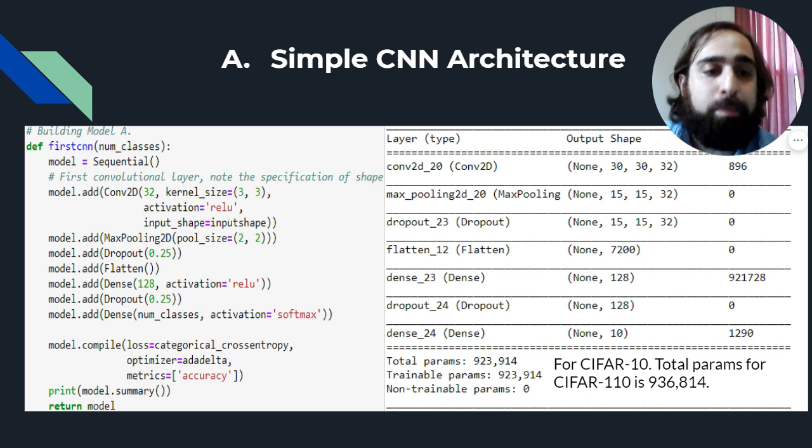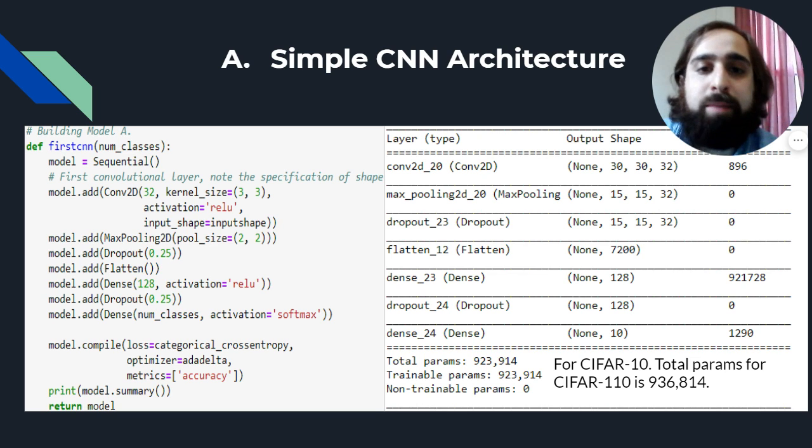This summary output on the right-hand side of your screen is an example of the various shapes that are seen from layer to layer, how many connections, also known as parameters, that you're going to see made from layer to layer. Almost 1 million connections. You can see that it's going to be pretty complex.